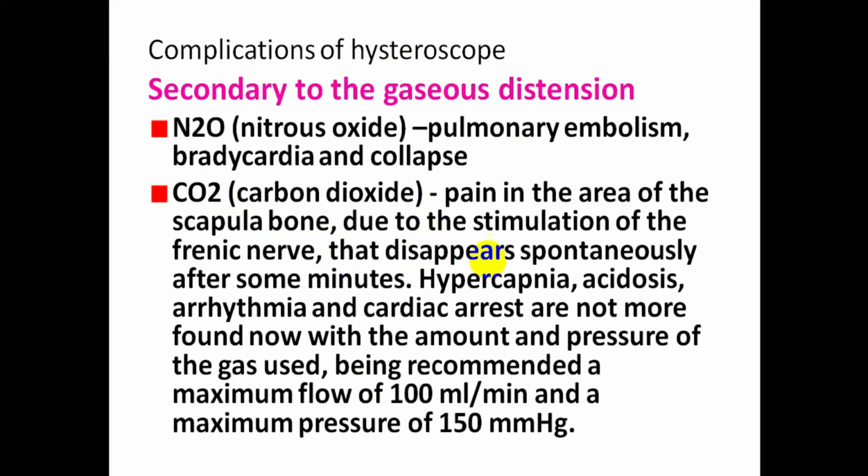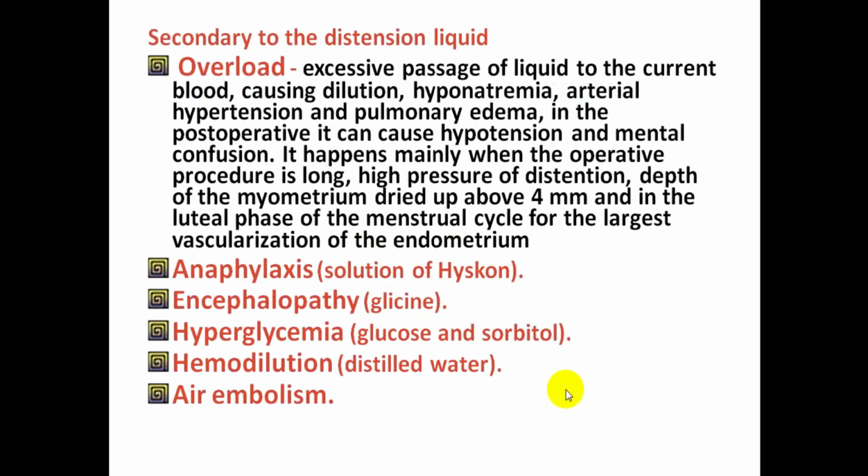Hypercapnia, acidosis, arrhythmia, cardiac arrest, and complications that occur due to gas embolism. Secondary to distension with liquid: either overloading of the fluid used, or anaphylaxis, encephalopathy, hyperglycemia, hemodilution, or air embolism.